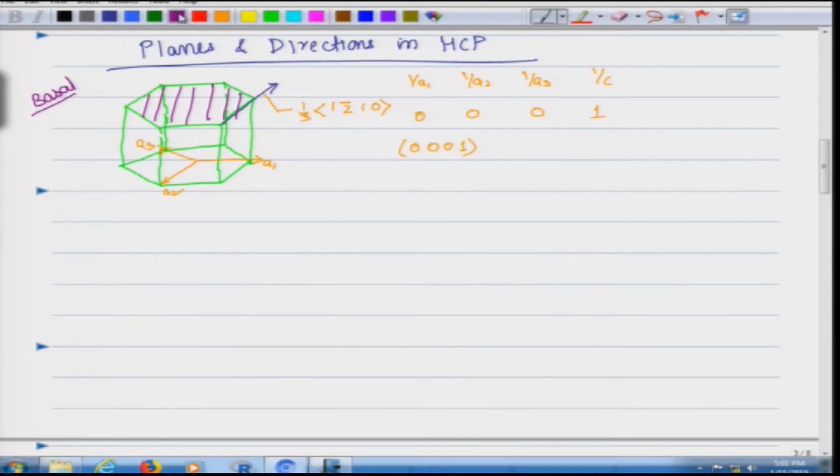Another basal plane that is possible in this system is, let us draw it over here using a different color. So, this is called a basal pyramidal plane. So, this will be like this.